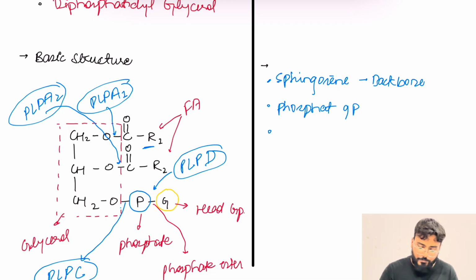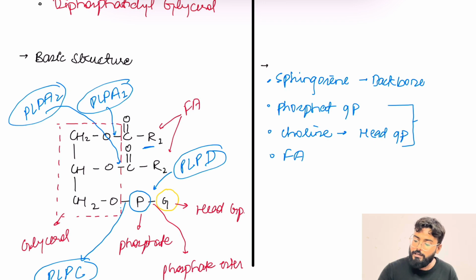Then you have choline and your fatty acid. The choline is going to be the head group here, and the phosphate and choline combined are known as phosphoryl choline.